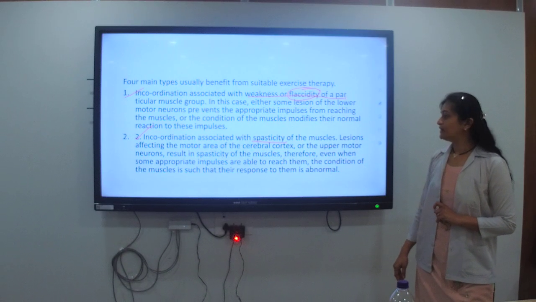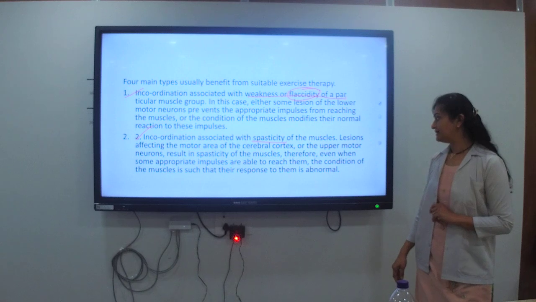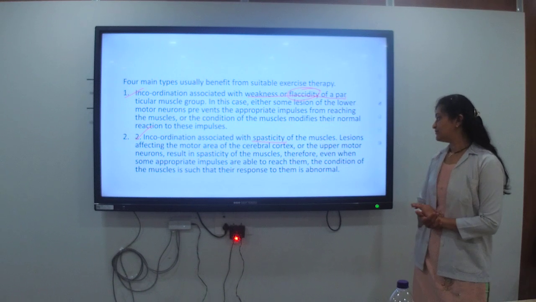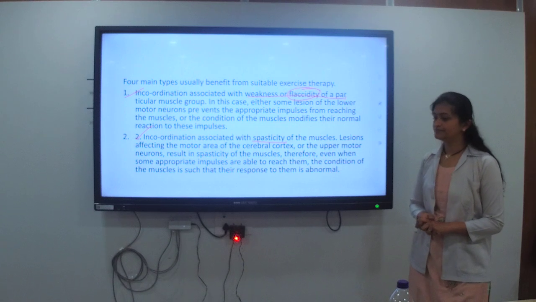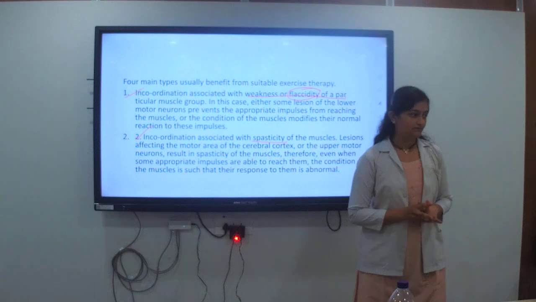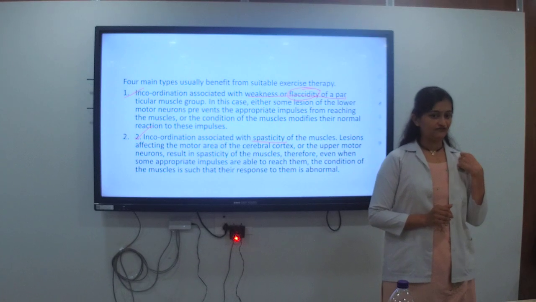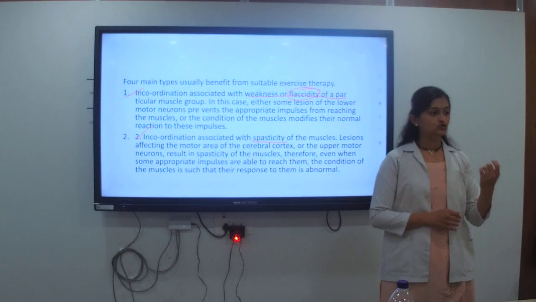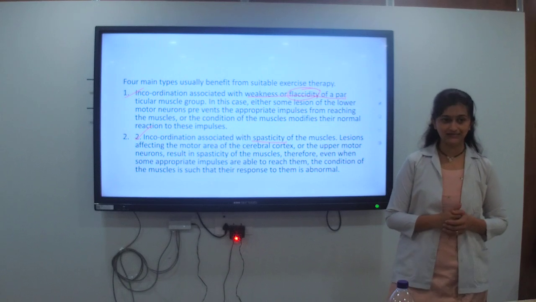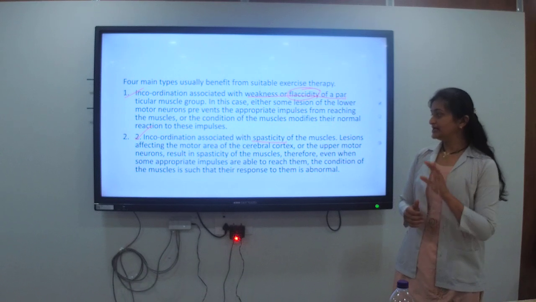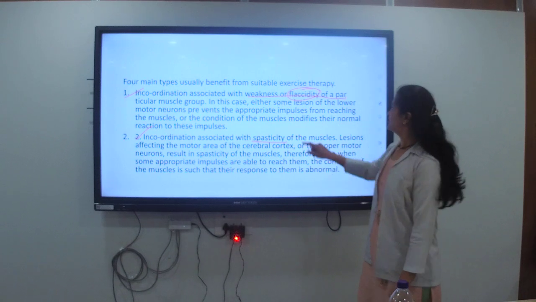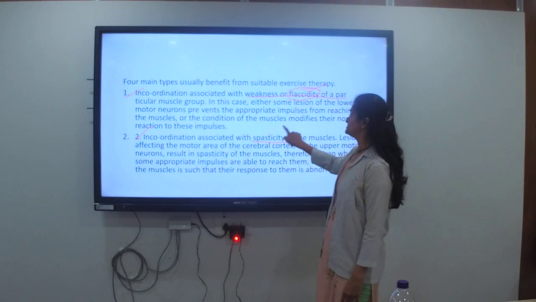Therefore, even when some appropriate impulses are able to reach them, the condition of the muscles is such that the response to them is abnormal. The patient will not be able to lift the elbow properly because of the increased tone or spasticity. In such conditions you can see incoordination. So first was flaccidity, second was spasticity.